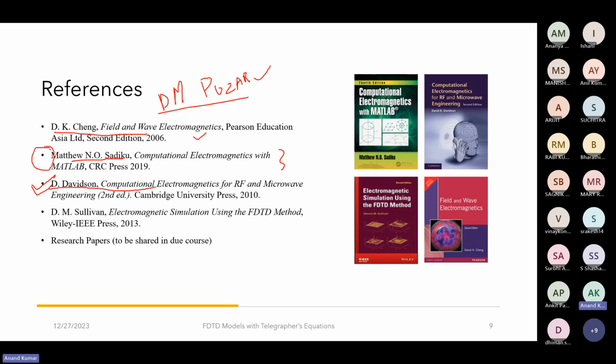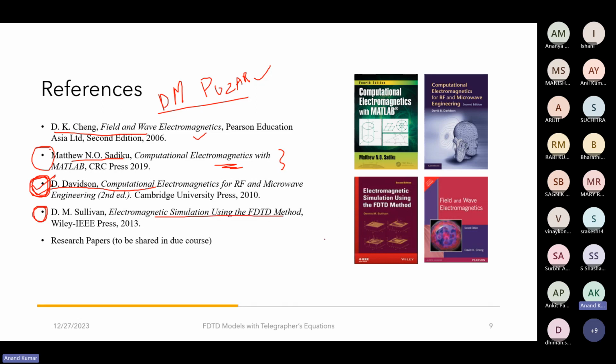Yeah, this is a good book. But this book refers to multiple methods, so we'll look for some introduction from Sadiku. The first few chapters from Davidson are very important for this course. So this book is a must for this course. The previous course which I offered was based on D. M. Sullivan's Electromagnetic Simulation Using the FDTD Method.